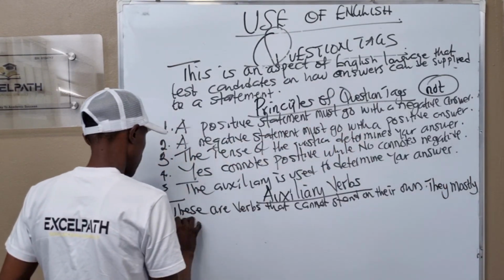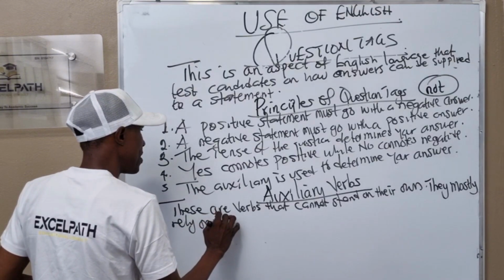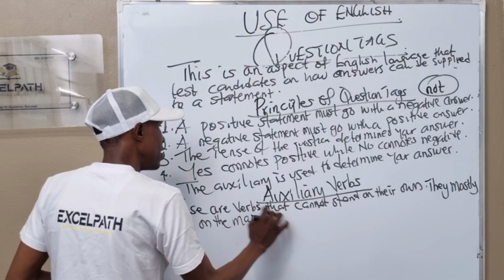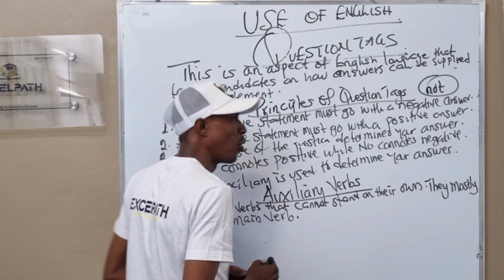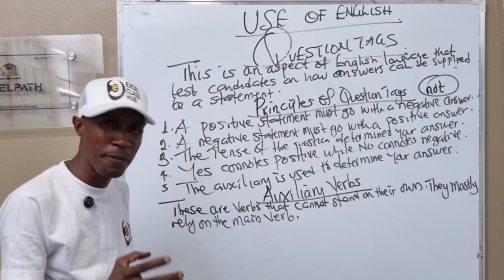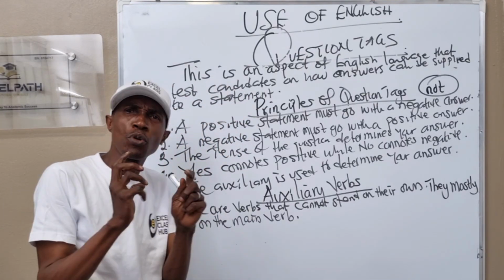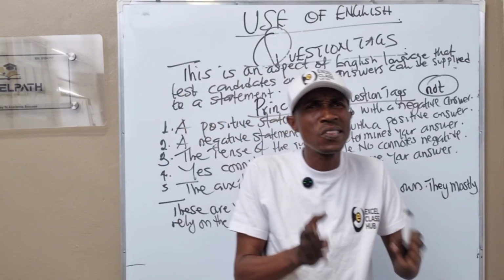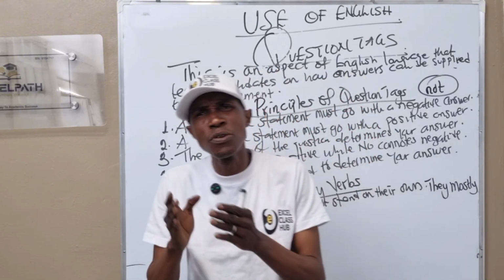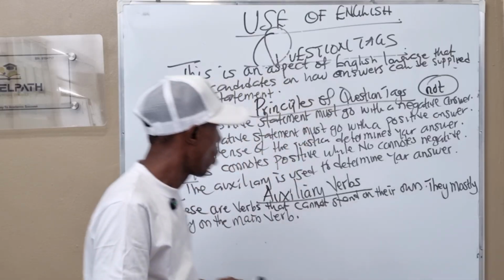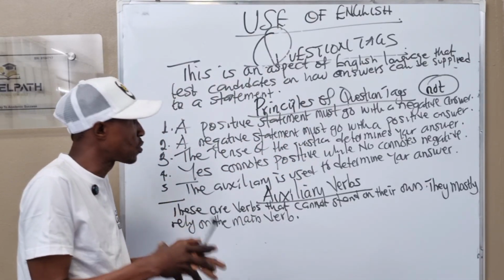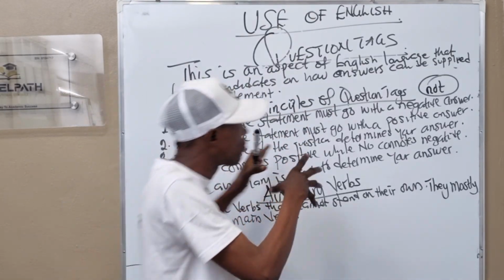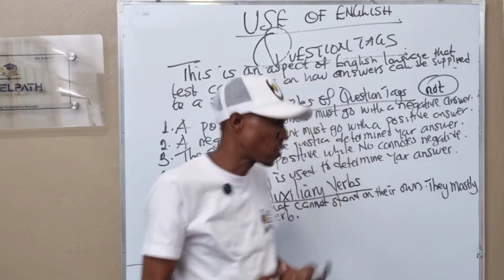They mostly rely on the main verb. And we have two categories of auxiliary verb. We have the primary auxiliary verbs and the modal auxiliary verbs. But we are going to combine both together in order to expatiate on what we are discussing.